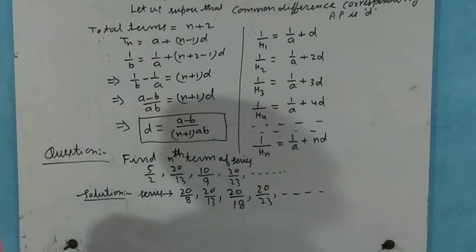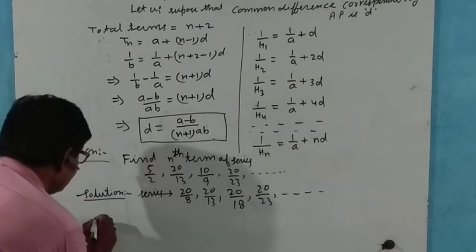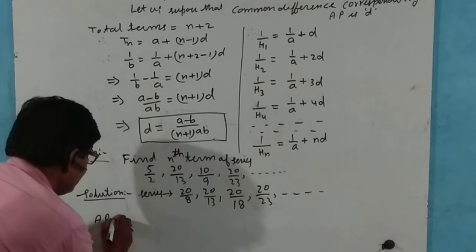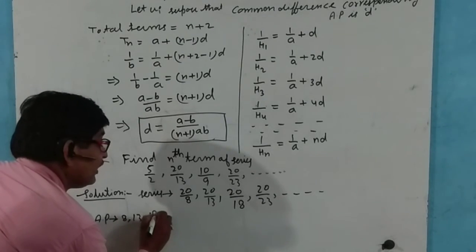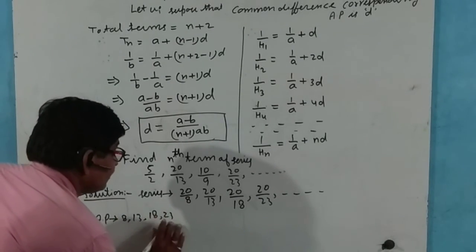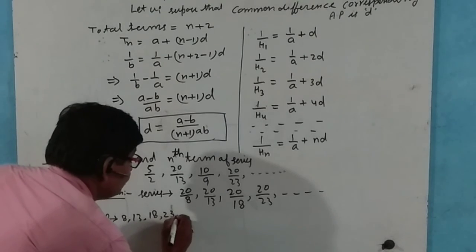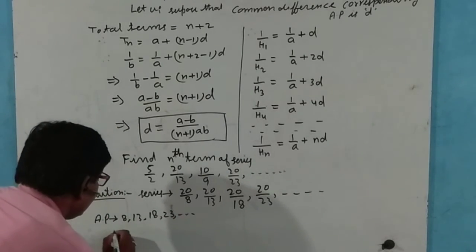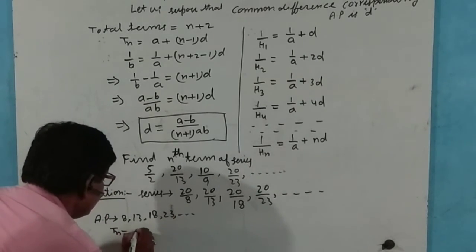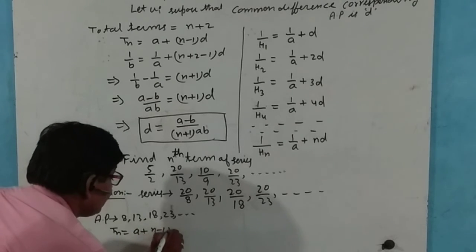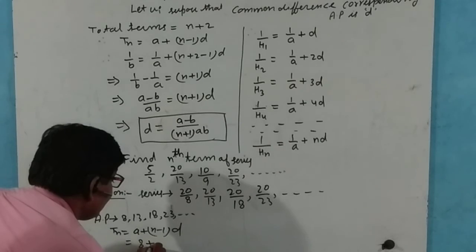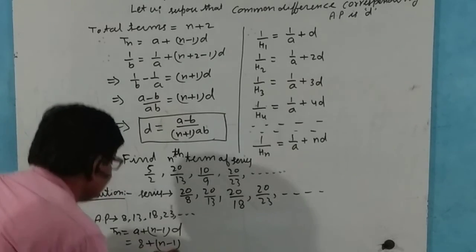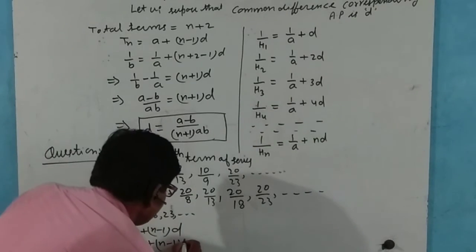It means that this is an AP: 8, 13, 18, 23. So Tn equals a plus n minus 1 into d, where a equals 8 and d equals 5.